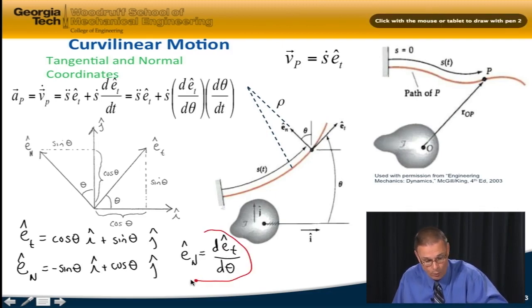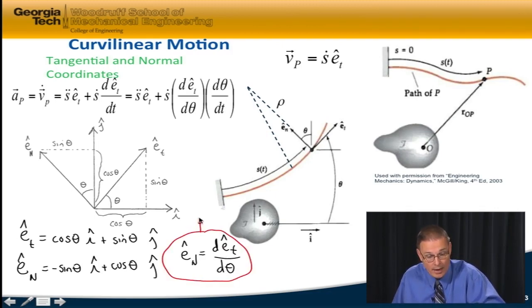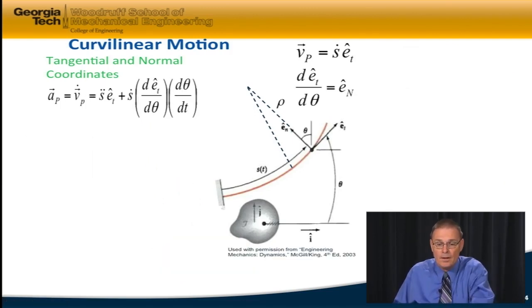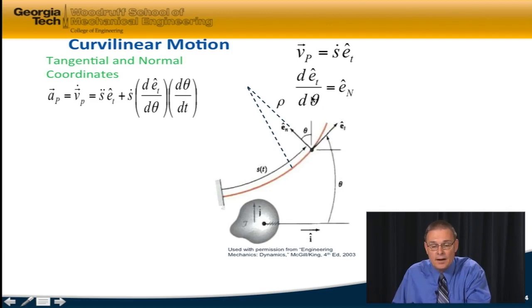And so that's important because that's the result I need up here. So let's continue on. There's my velocity. I have now found that d of e tangential with respect to theta is e normal. So I know what this is. I still need to find d theta dt.